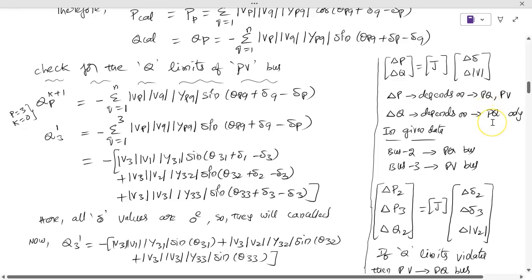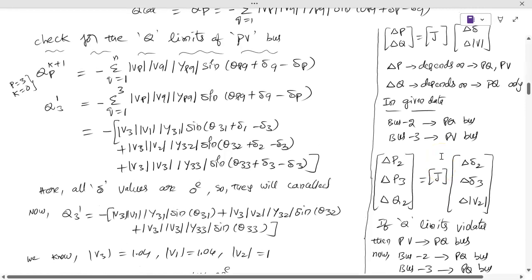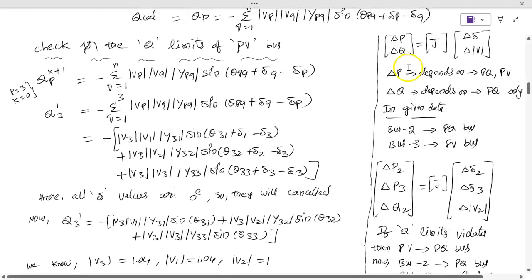Now while writing the general equation for the Newton-Raphson solution, first we need to identify how many terms will come for P and how many terms will come for Q. As P depends on the PQ and PV buses, PQ means the second bus in the given problem, and PV means the third bus. So delta P depends on the second bus and third bus, that's why I am writing delta P2 and delta P3, then delta del2 and delta del3.